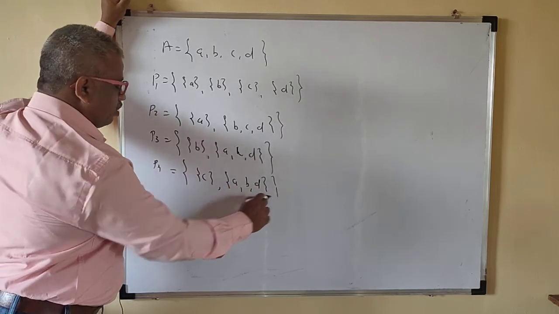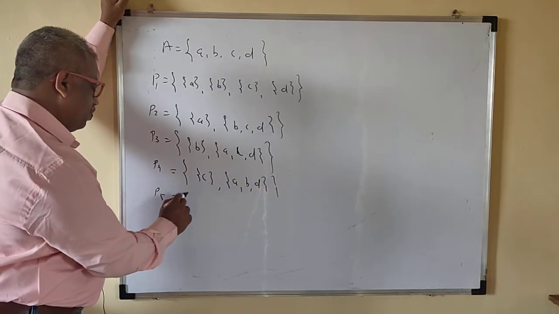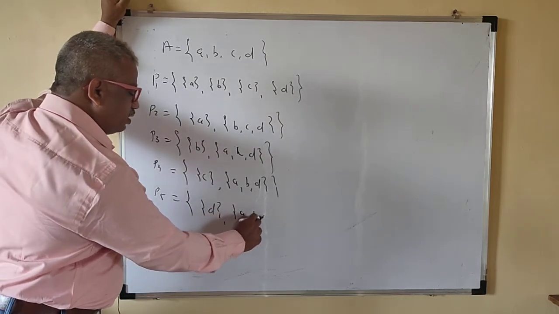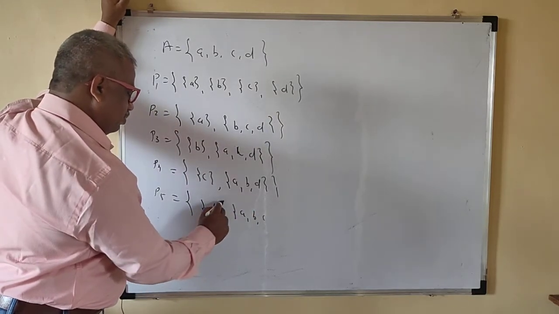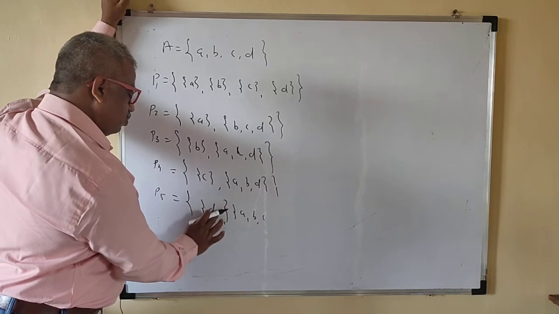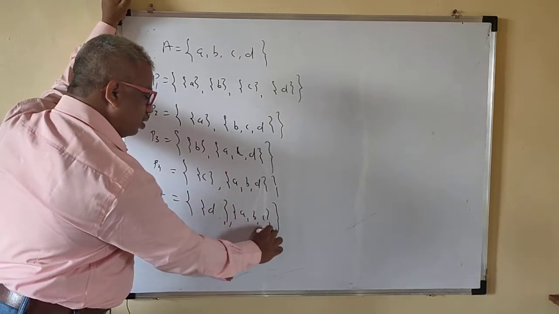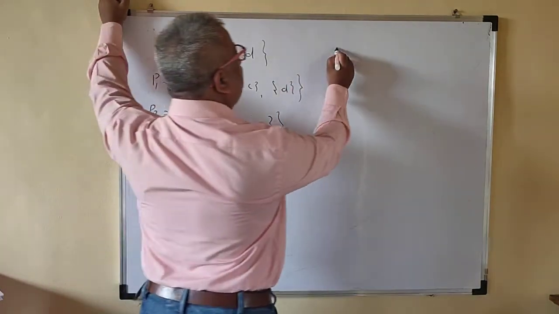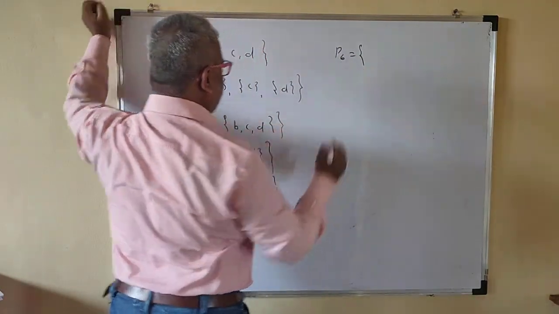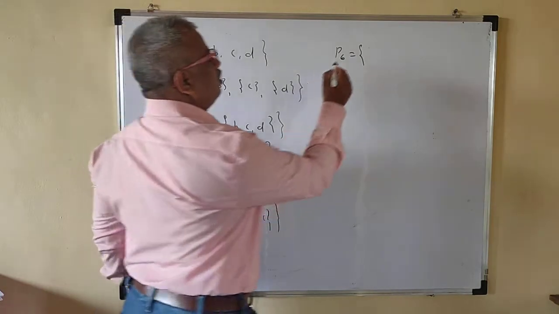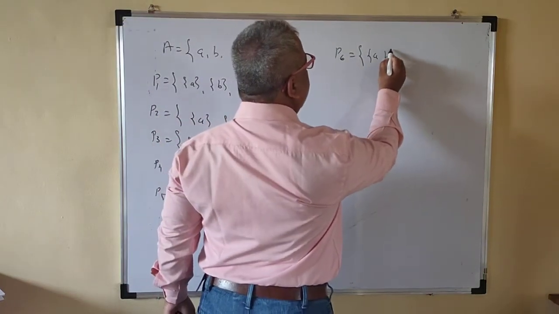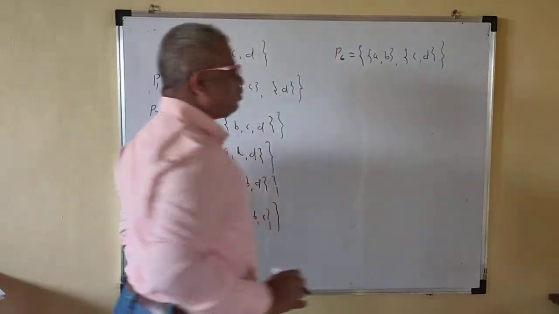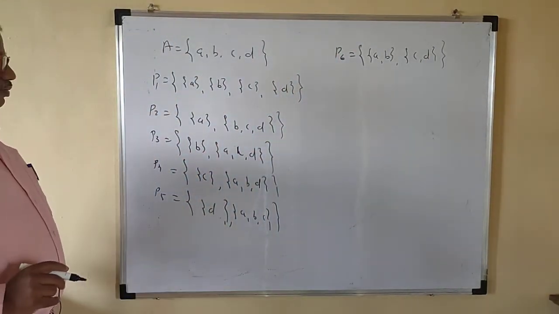Then singleton d, then a, b, c. One singleton and the others grouped together. Another I can write is with doubletons: ab and cd. Yes, this is also a partition.